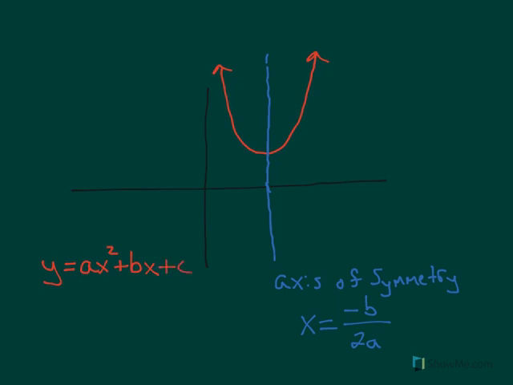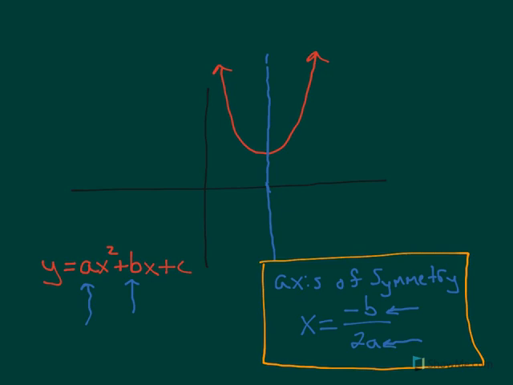So in terms of this formula to find the center, the b value is going to be the b value in the equation when it's in its standard form, and the a value in the formula is going to be that lead coefficient on the x squared term. So that's going to be your a and your b. And this will find us the axis of symmetry, the center of the graph.